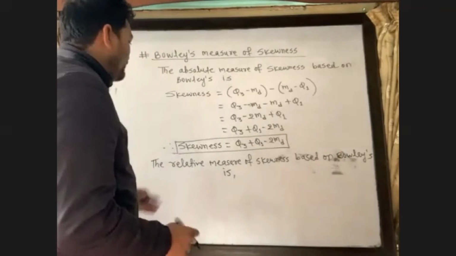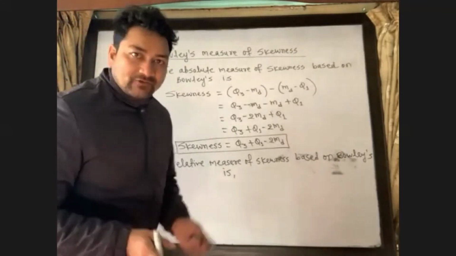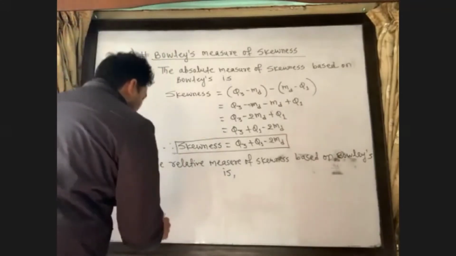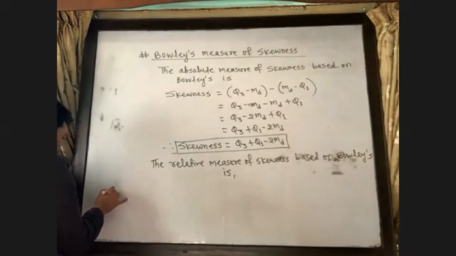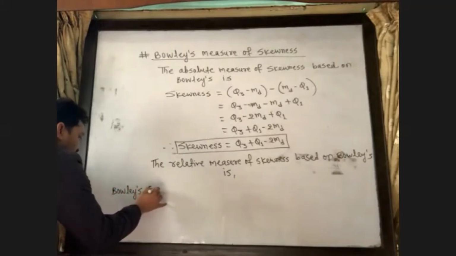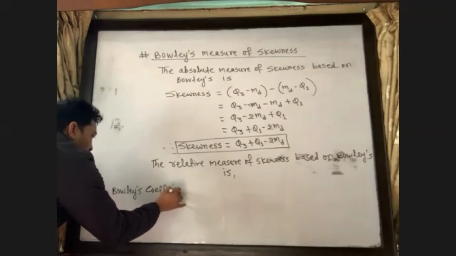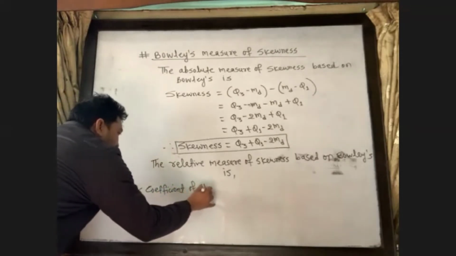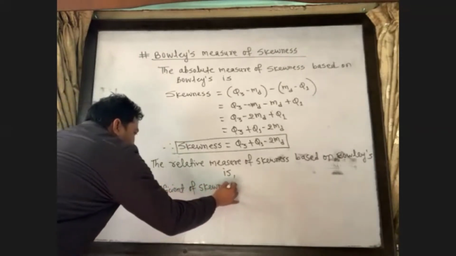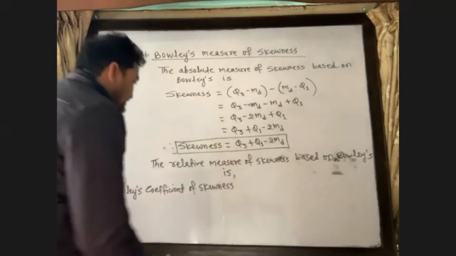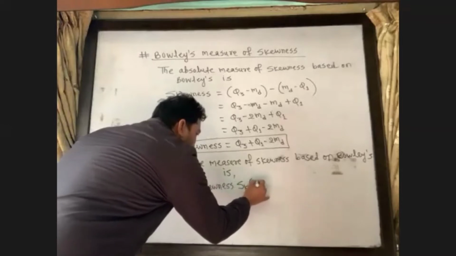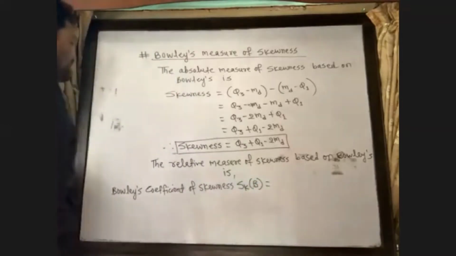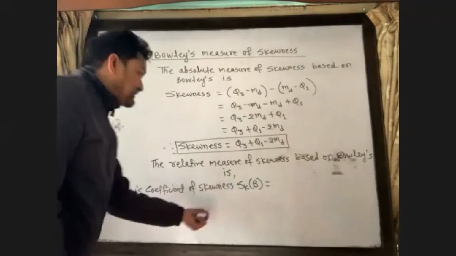Let's write Bowley's coefficient of skewness. We denote it by SKB.